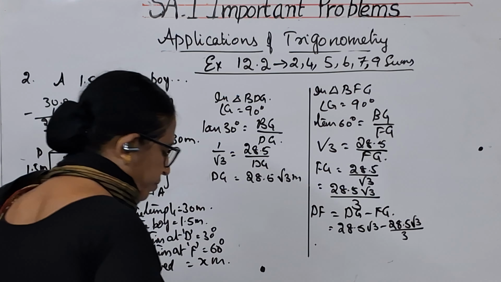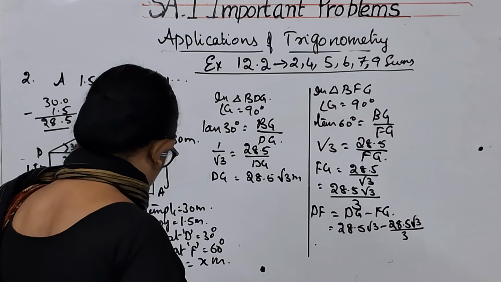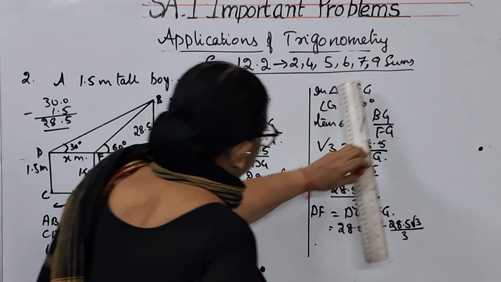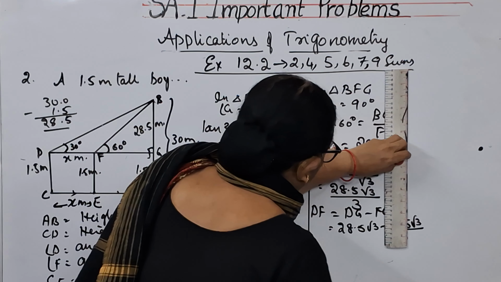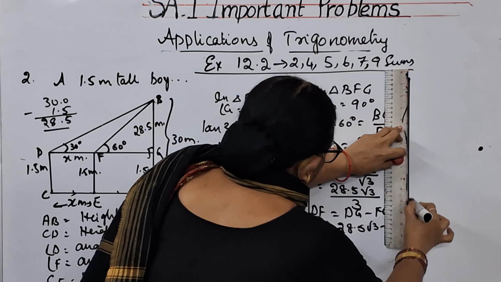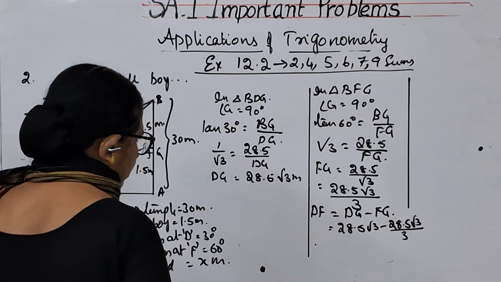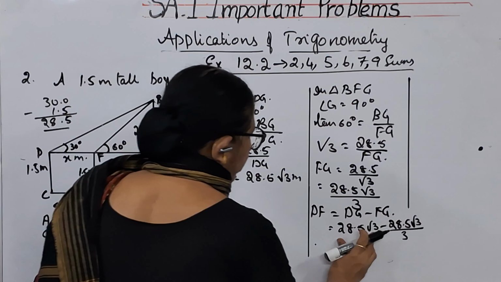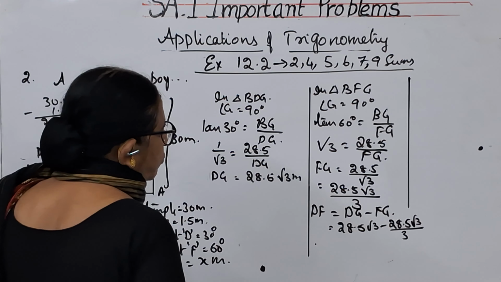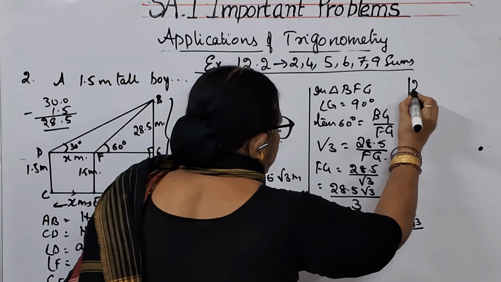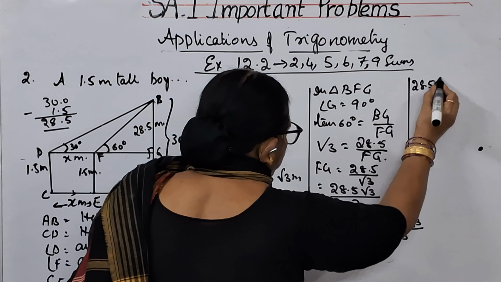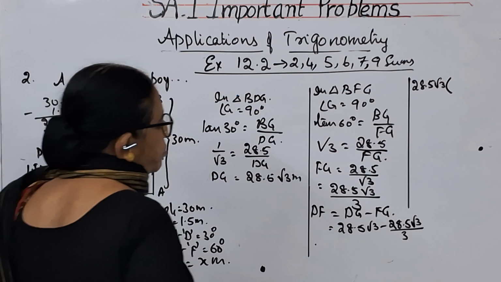So, in this case, children, 28.5 root 3 can be taken as a common factor.